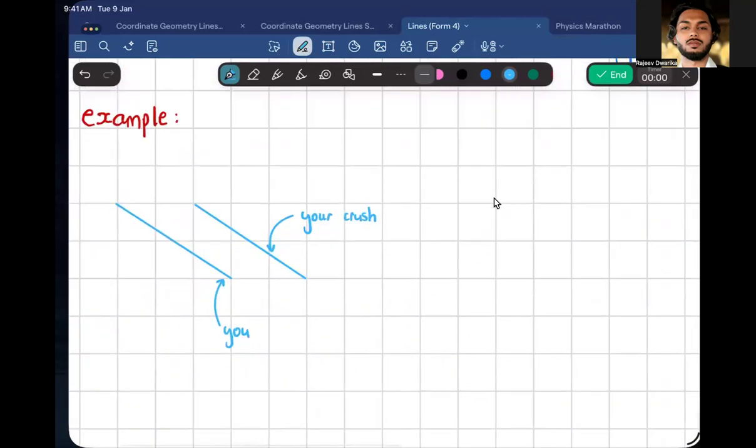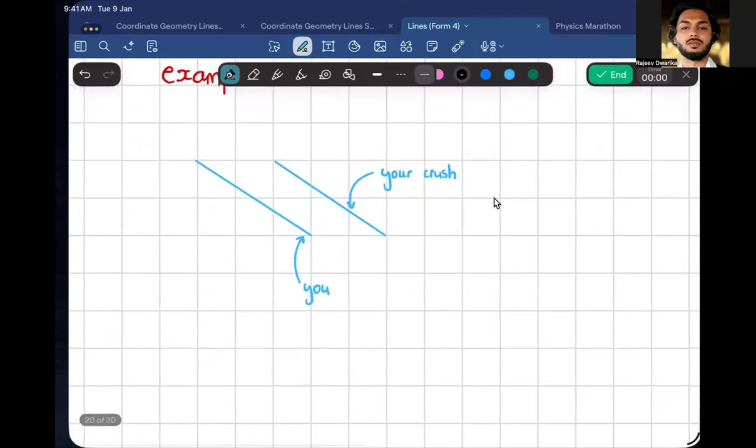So I'm going to write a little statement here. Let me draw a little breakout here.